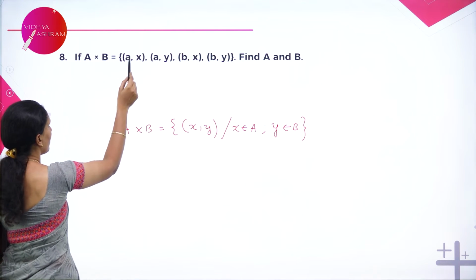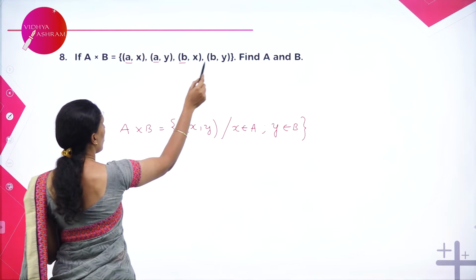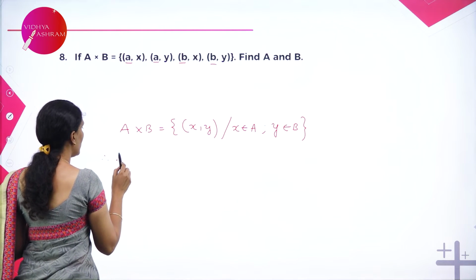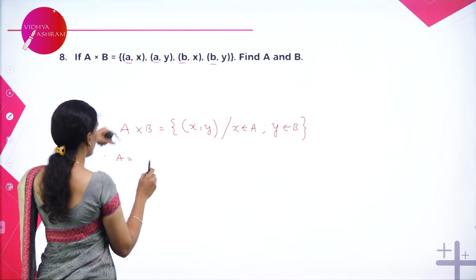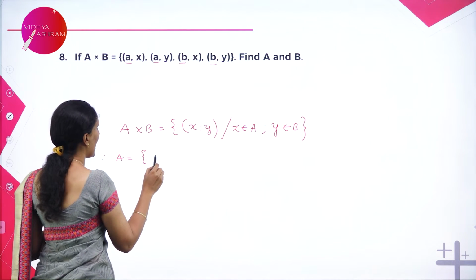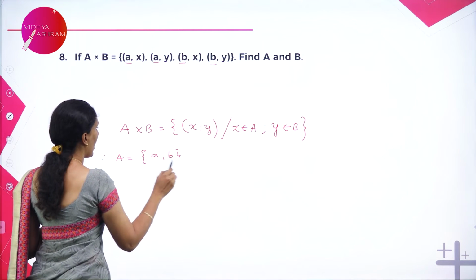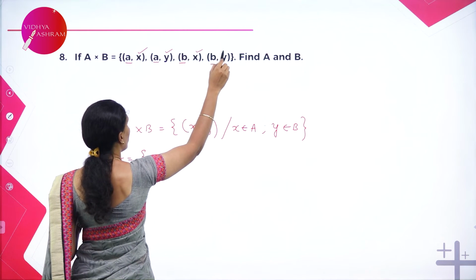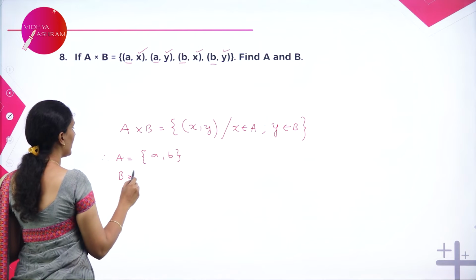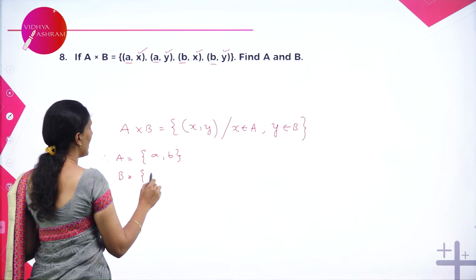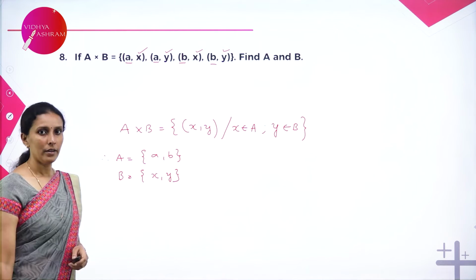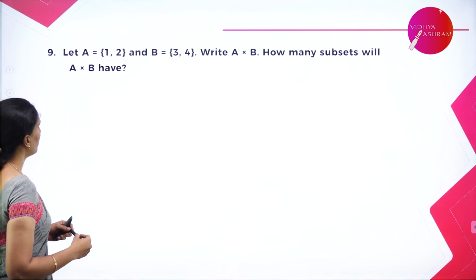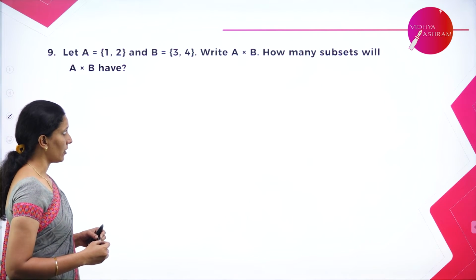So from the given Cartesian product, we can write set A as a comma b, and from the definition, I can write set B as x and y.